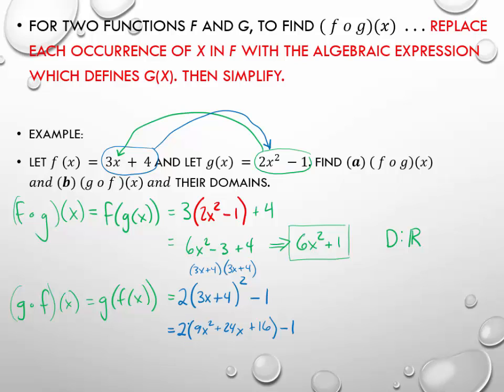And then I distribute that 2. That's 18x squared plus 48x plus 32 minus 1. I could just go 31. And that's it. Bob's your uncle.